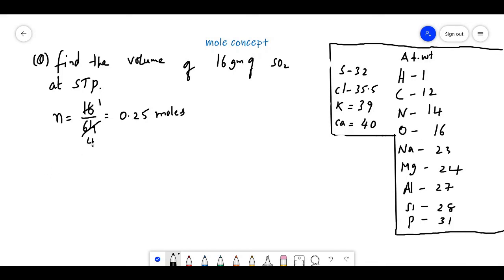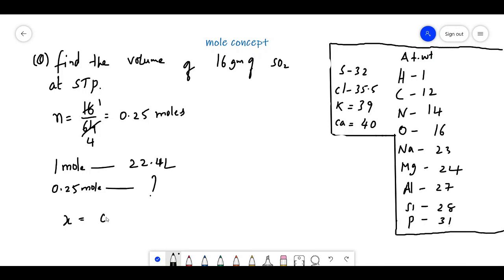Now our question is to calculate volume. So just compare, 1 mole of any gas at STP contains 22.4 liters. And now we got moles as 0.25, will be equal to how much?